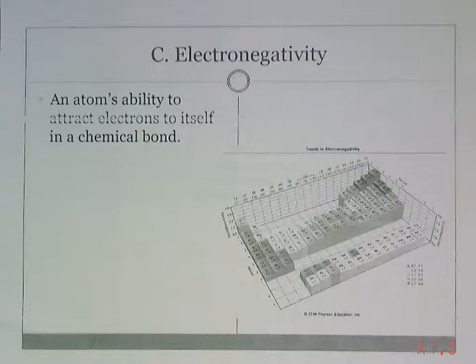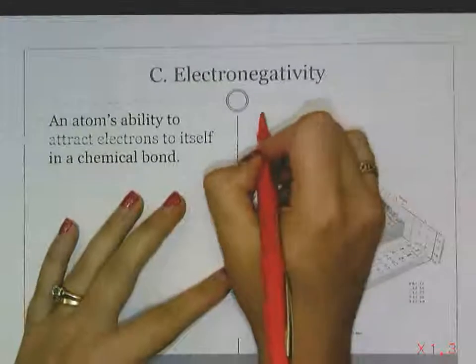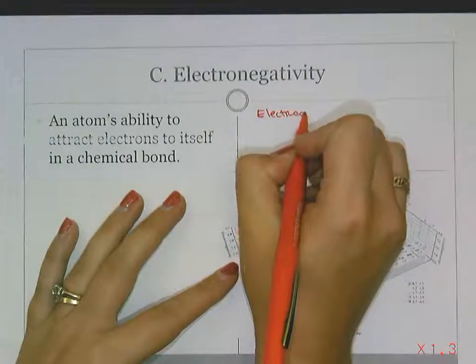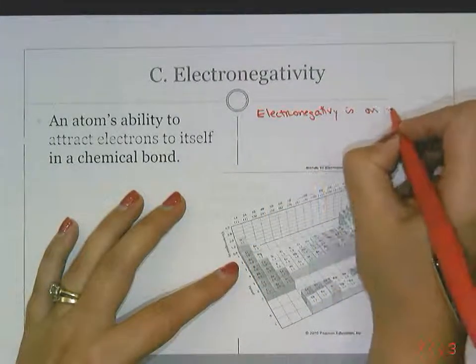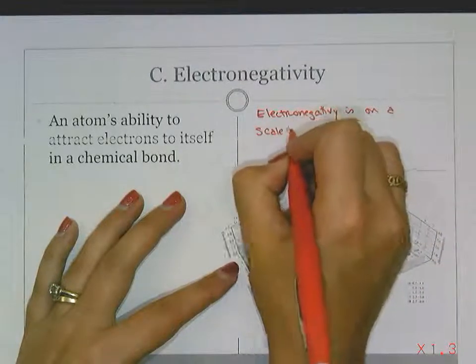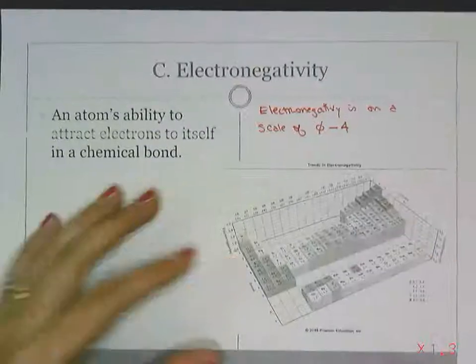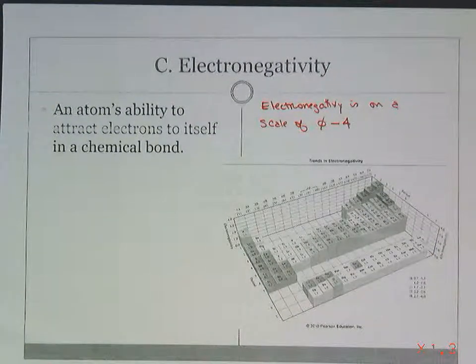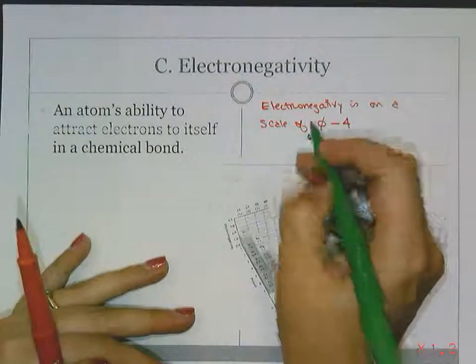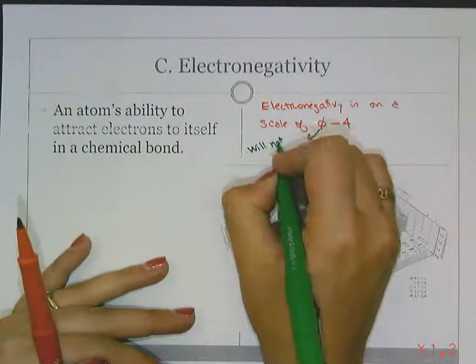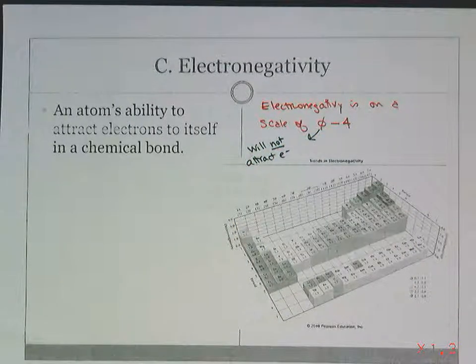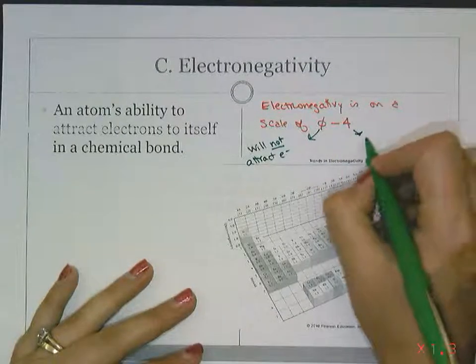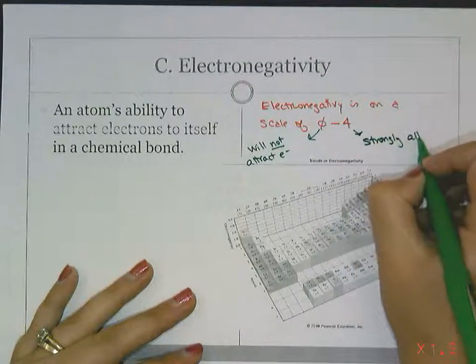So, electronegativity is on a scale of 0 to 4, where 0 indicates that it won't attract electrons at all, and 4 means strongly attracts electrons.